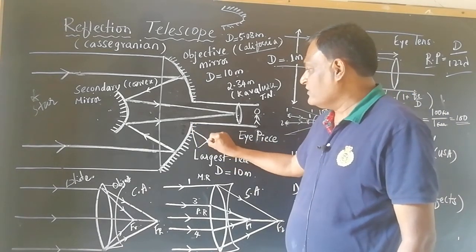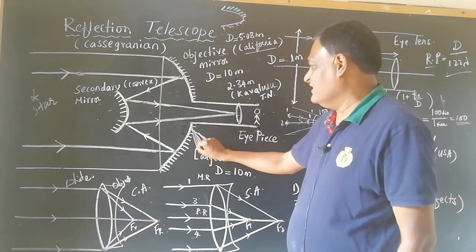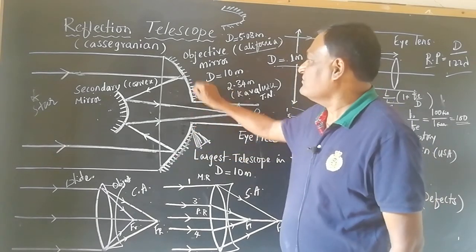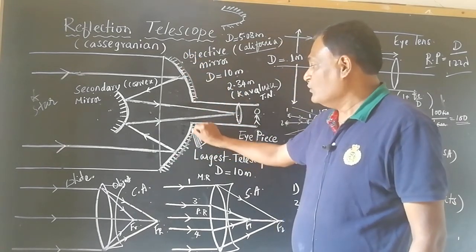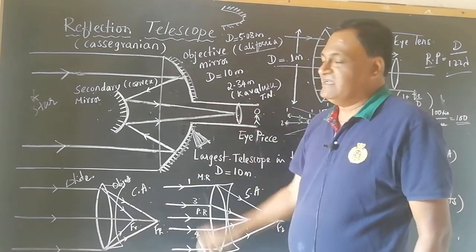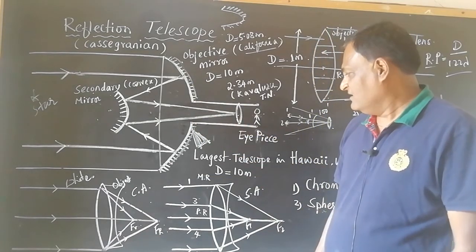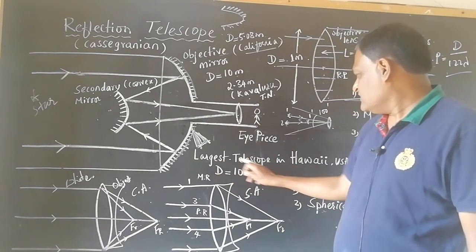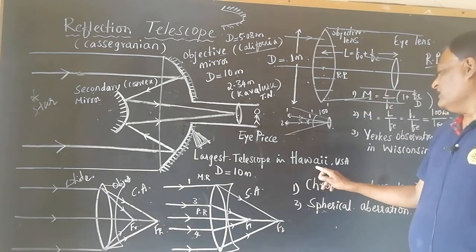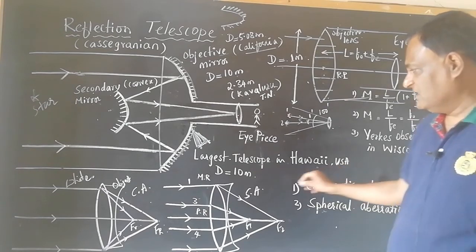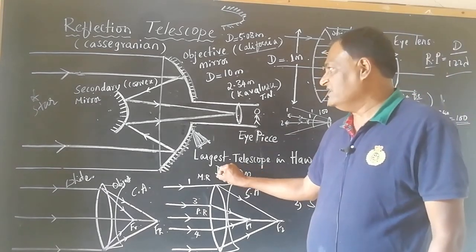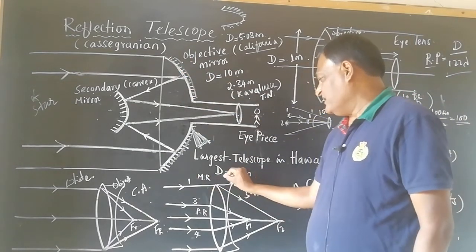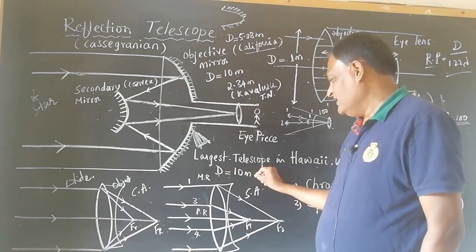Mounting of this concave mirror is not at all a practical difficulty. Further, the largest telescope is there in a place called Hawaii, USA. The effective diameter of the aperture of the concave mirror is of the order of 10 meter.